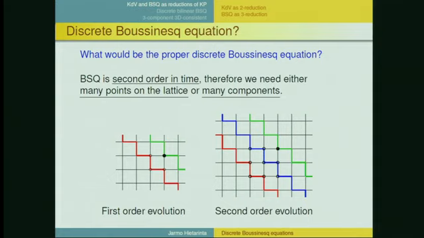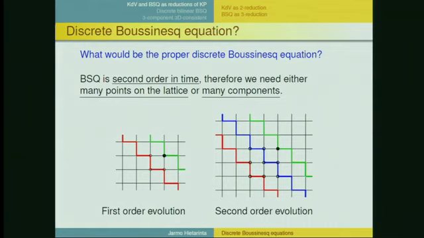then we need more complicated initial values than with the KdV equation, which is first order. So there are two ways of doing it. The typical KdV evolution in discrete space is like this. You need one initial value, and then using it you can calculate the next step in the evolution.